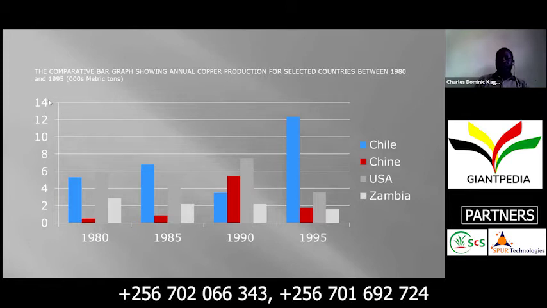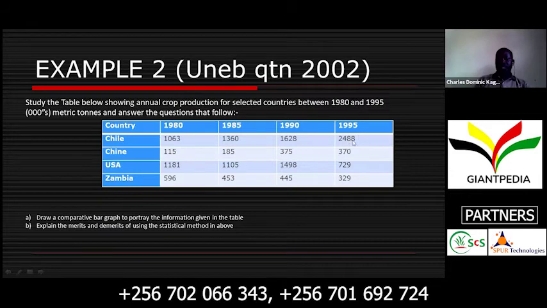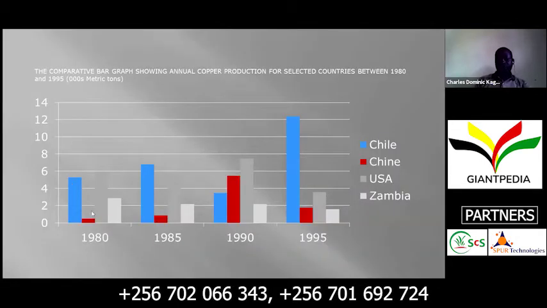If you choose to use 12 centimeters, then you take the 2488, I beg your pardon, and divide this by 12, which will give you a figure of approximately 200 something, 1,900 something, which I have decided to round to 200. So that one you will plot on this side.